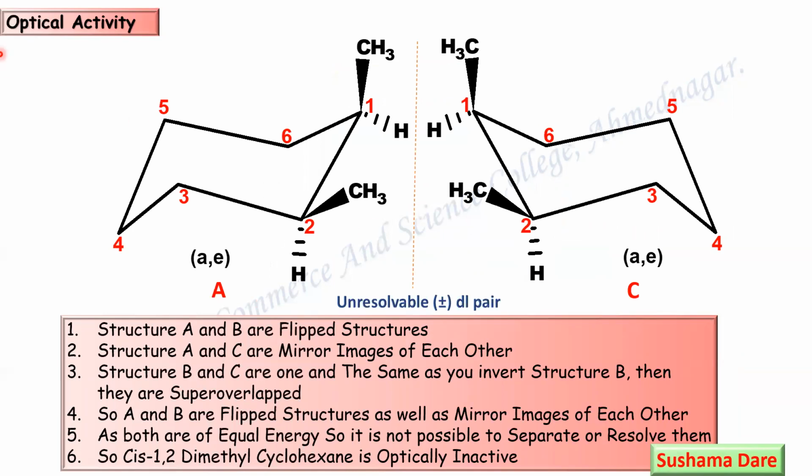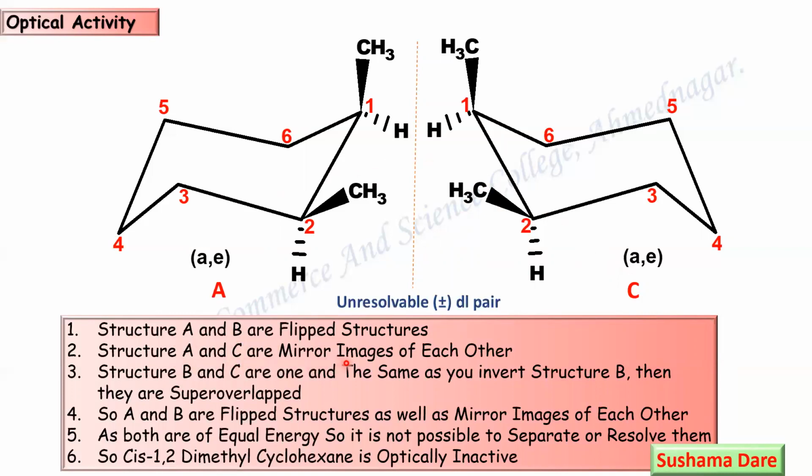Now optical activity. This is structure A, that is the AE conformer. The mirror image of the AE conformer is structure C. So the mirror image of A is C. Now structure A and B, in the previous slide we already discussed, are the flip structures.